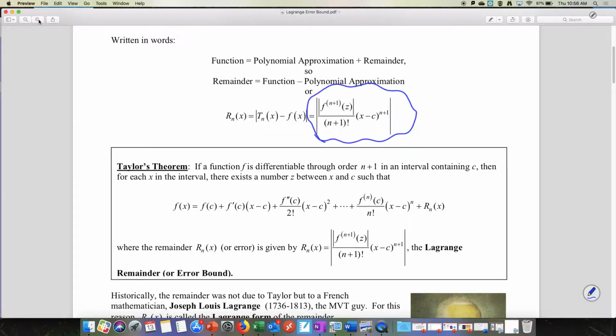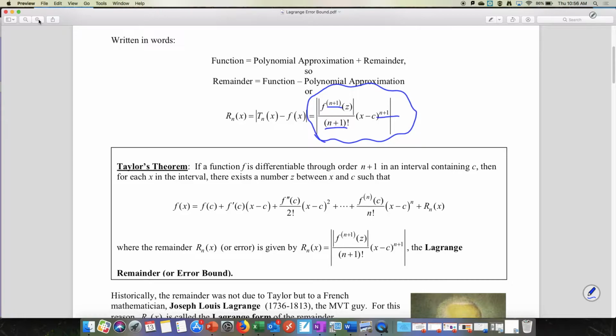Does this look familiar? Don't worry about the z. But the pattern of derivative over factorial, it's just times x minus c to the same power. Notice how these are the same power. That's what we did yesterday.